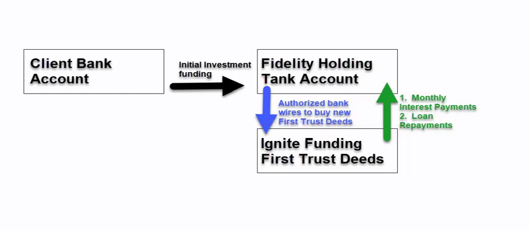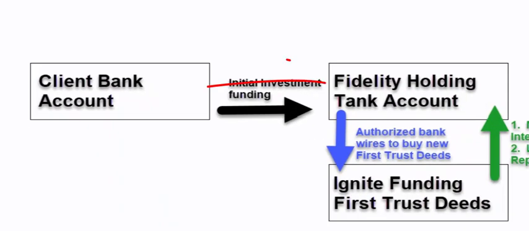So how do the flow of funds work? Well, the initial investments for the First Trust Deeds are transferred or funded from the client bank account initially into the Fidelity holding tank account. So that's where the investments start.